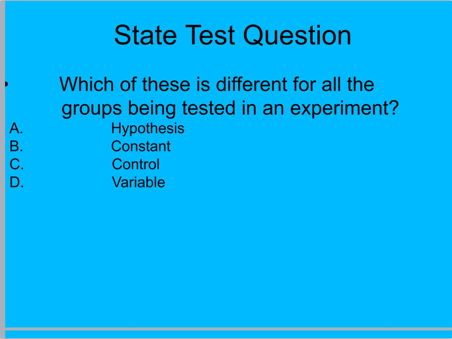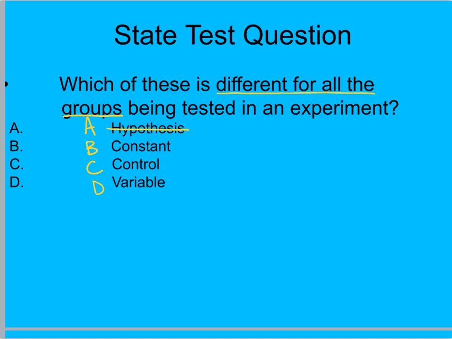Which of these is different for all groups being tested in the experiment? So it's different for all groups being tested in the experiment. It's a hypothesis, constant, control, or variable. So your hypothesis is going to be the same for your experiment. Your constants, remember the definition of a constant is things that are the same for all the groups.